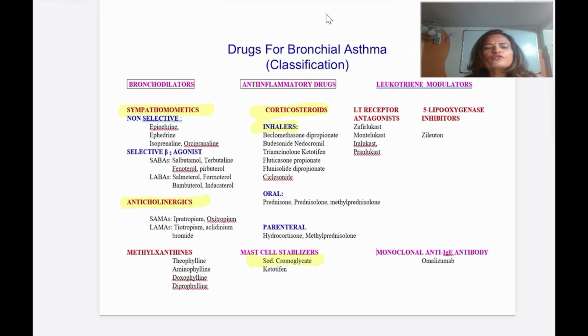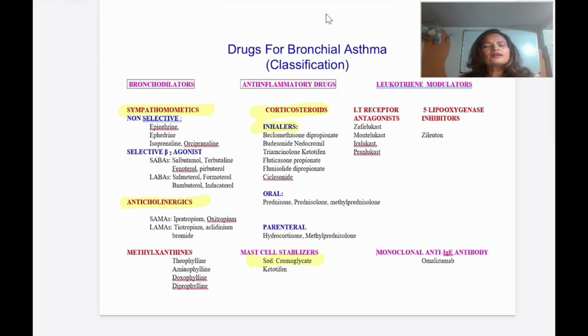So these four groups of drugs are available in inhaler form. Bronchial asthma patients are mostly maintained on various types of inhalers. Inhalers give targeted delivery of the drug, systemic side effects will be less, and they are easy to use.